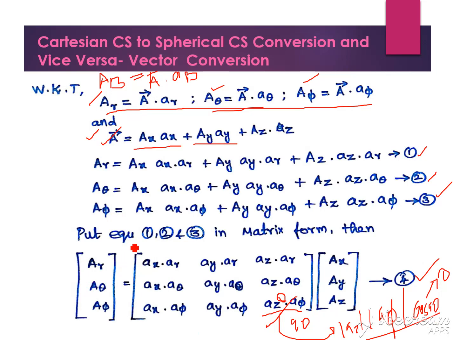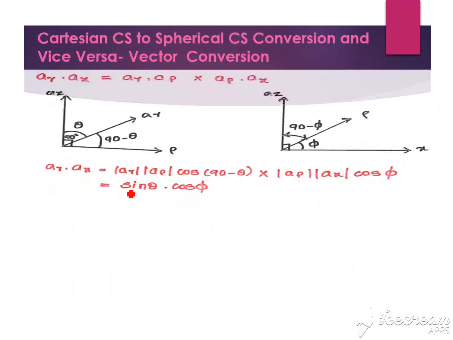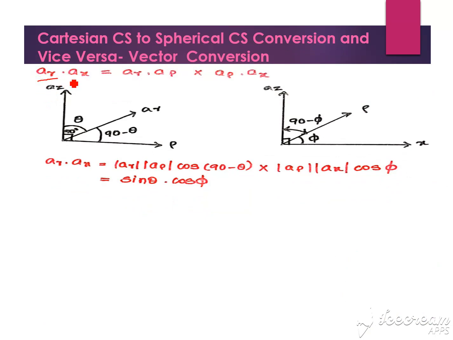Now we need to find the remaining 8 parameters, like in the previous conversion, Cartesian to cylindrical and cylindrical to Cartesian in vector form. First, considering AR dot AX: with respect to Cartesian and spherical, there is no term common between these two coordinate systems. In Cartesian we have the parameters X, Y and Z, and in spherical we have R, theta and phi.